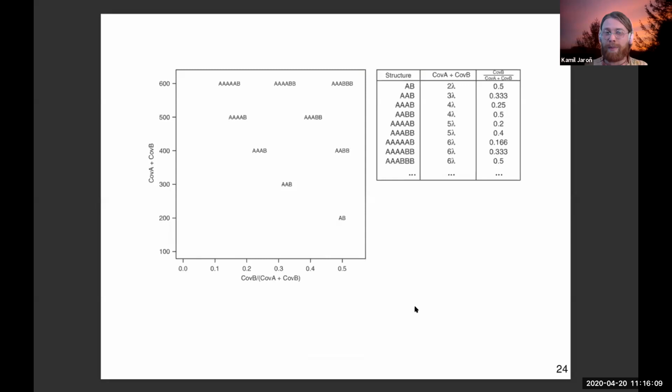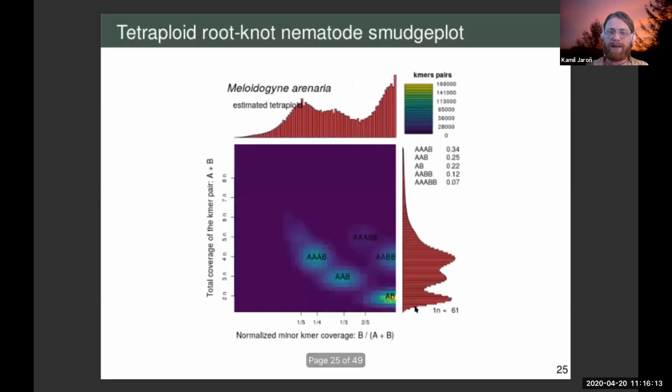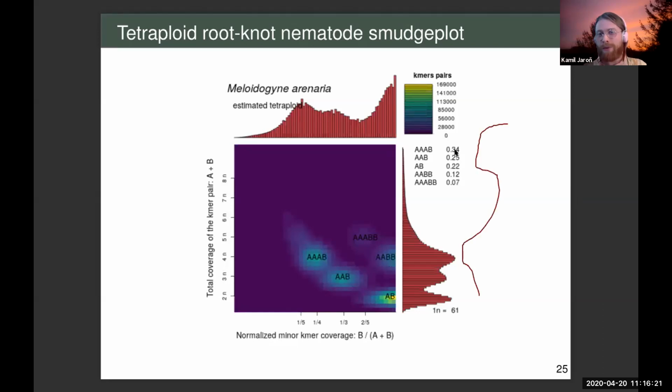So how does a Smudgeplot of the Kmer spectra you have seen look? It looks like this. So we actually see that we have 34%. Ooh. What's that? Well, sorry. We have 34% of our Kmer pairs belonging to the AAAB smudge.